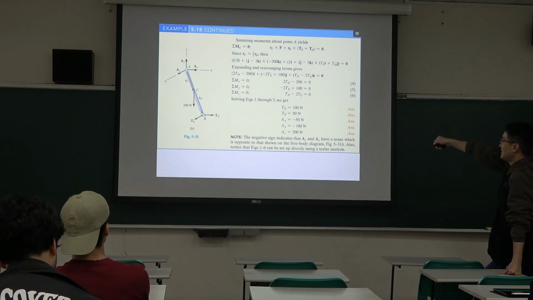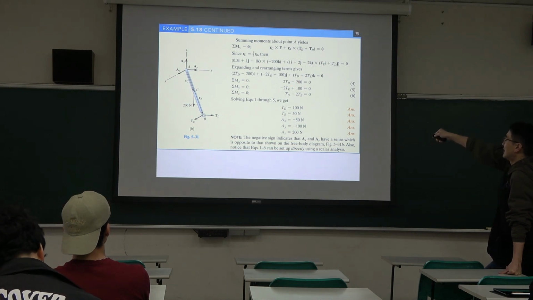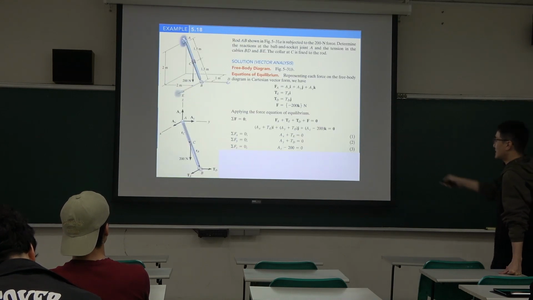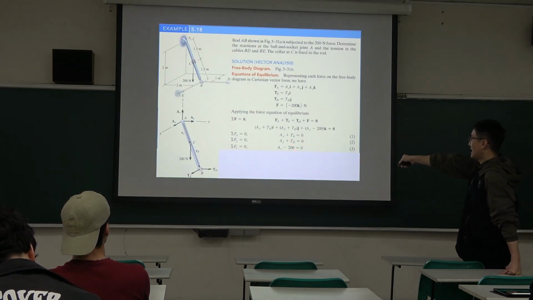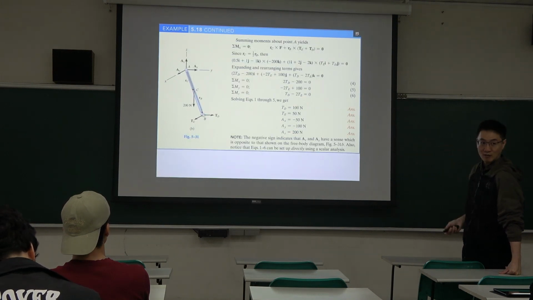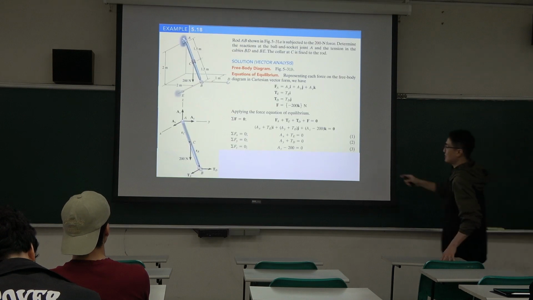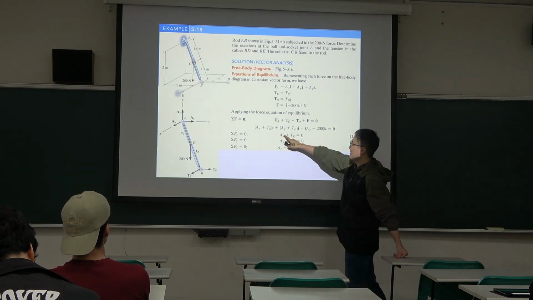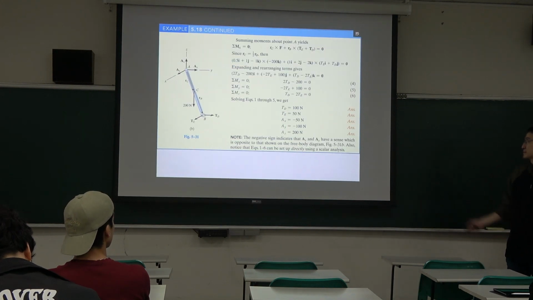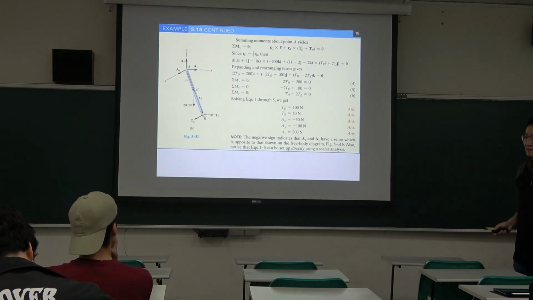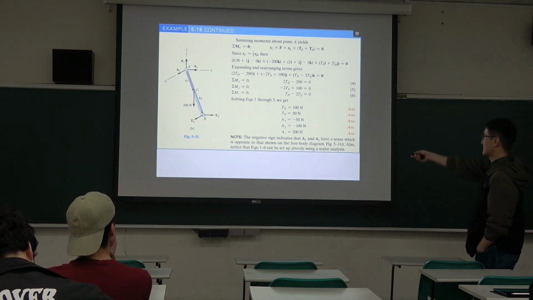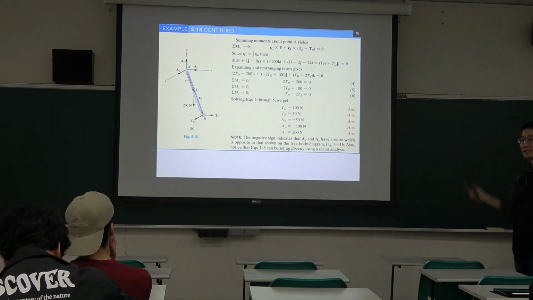So TD, TE, we already know. And from the previous part, we know AZ. Then from the previous part, we know TE, TD, we can work out AX and AY. So AX and AY are also obtained. Okay, clear?